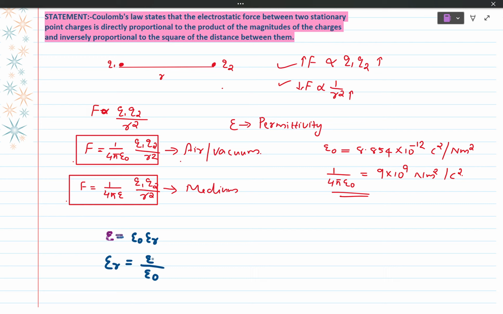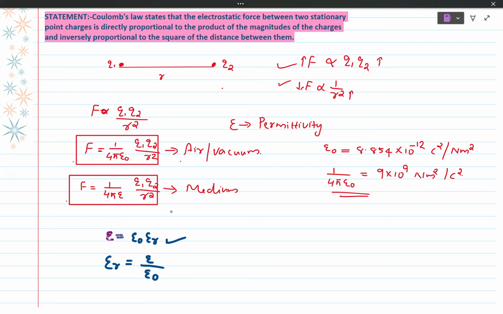Here epsilon is the permittivity of a medium, epsilon naught is the permittivity of vacuum or free space, and epsilon r is known as the relative permittivity. So the relation is epsilon equal to epsilon naught epsilon r. From that, relative permittivity epsilon r is equal to epsilon by epsilon naught.